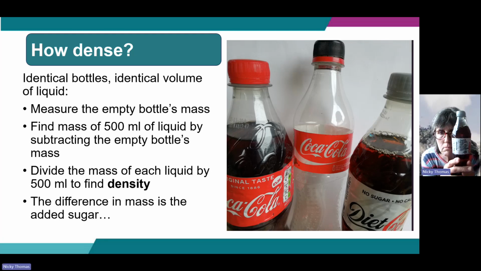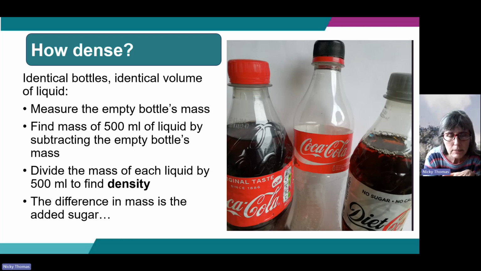The Diet Coke, the mass of the Diet Coke liquid plus bottle is 496 grams. So again, you can work out the mass of just the liquid, and then divide each of those by 500 ml, because it says on each one of these. You maybe can't see it, but it does say on here that these are 500 milliliter bottles, okay?